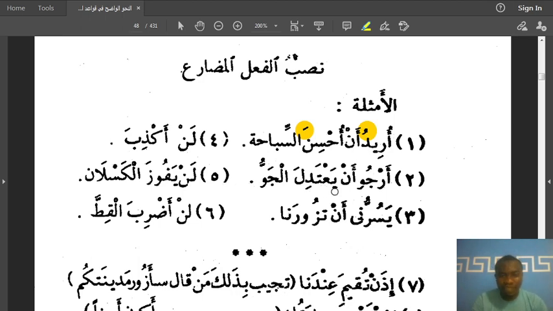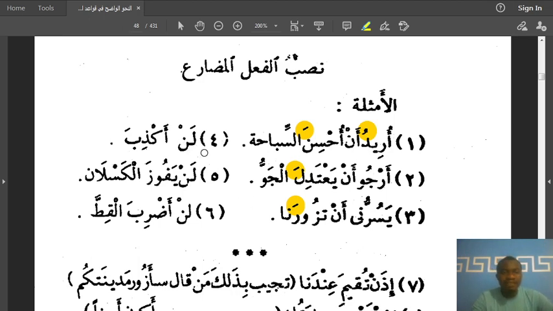Here too you see the fatha there. Yasurruni, it excites me, and tazurani, that you visit me. Here too we see tazura. Tazura ends with fatha. Instead of tazuru, we read tazura. Yasurruni, it makes me happy, and tazurani, that you visit me.